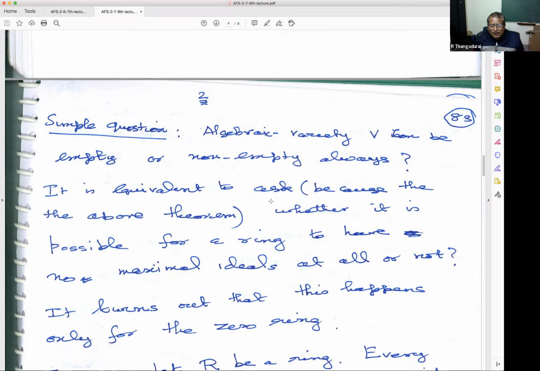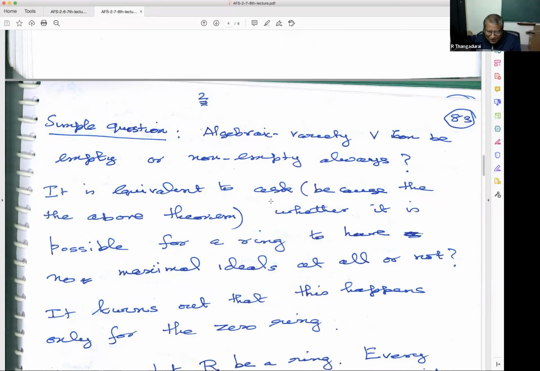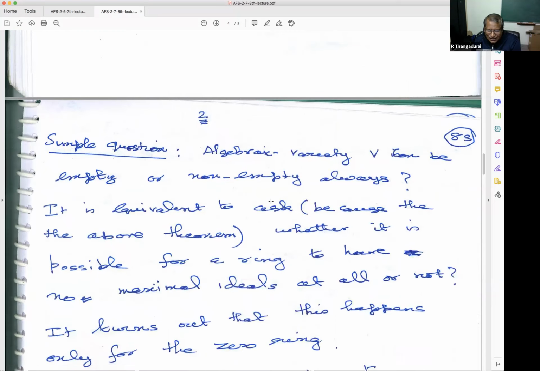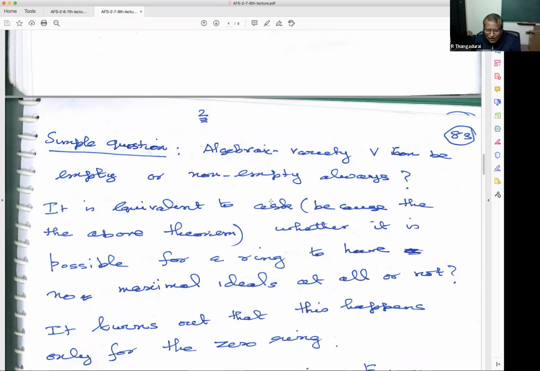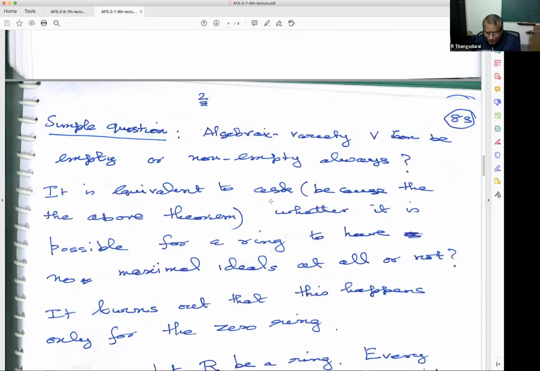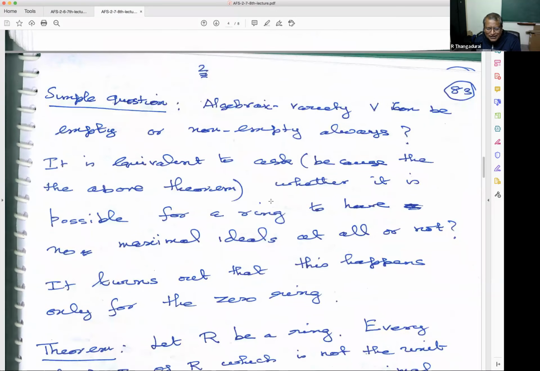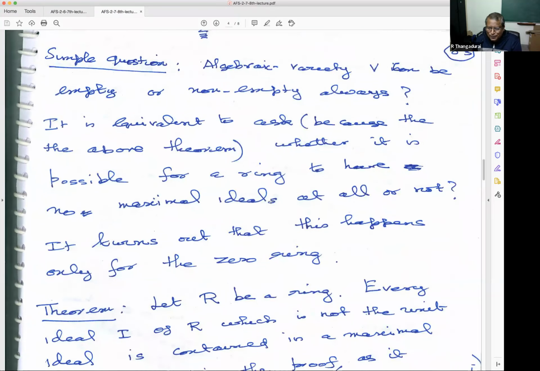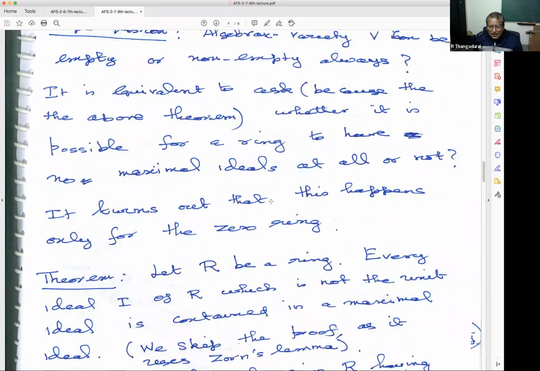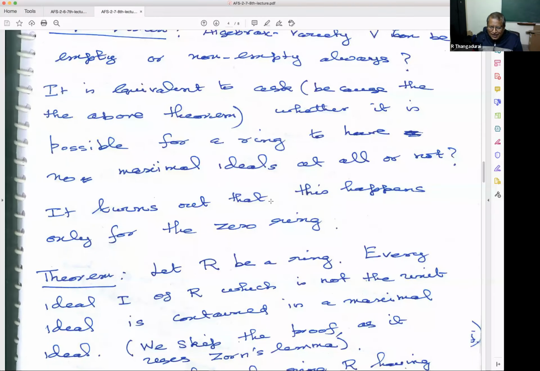Do you know this answer? Oh, unfortunately I have already written it here. It turns out that this happens only for the zero ring. The theorem says, and we are not going to prove this: let R be a ring. Every ideal I of R which is not a unit ideal, that is, I not equal to R, is contained in a maximal ideal.